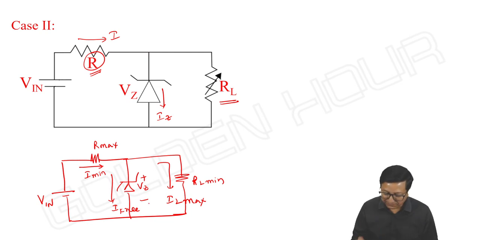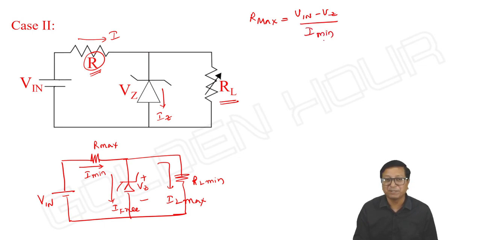Okay. Then what about your R maximum from this? You cannot take unnecessary other probabilities. R max is equal to, here V in is constant only, and Vz by R is maximum means I should be.